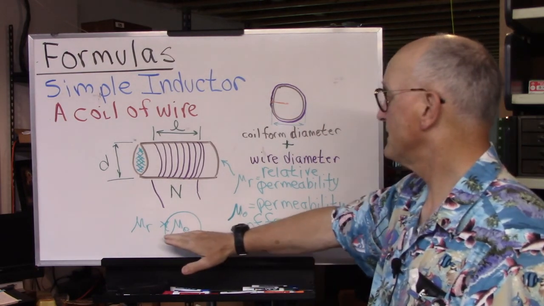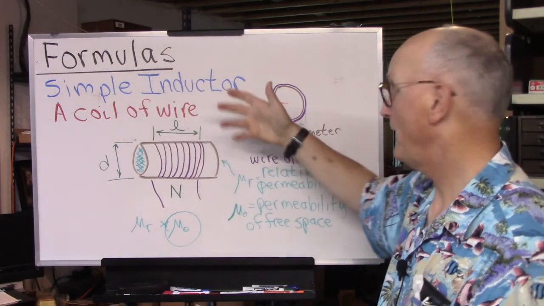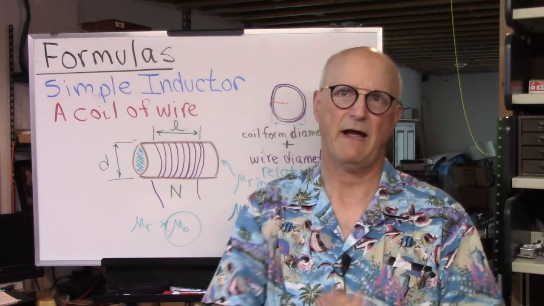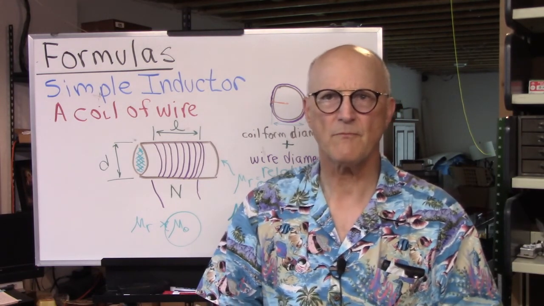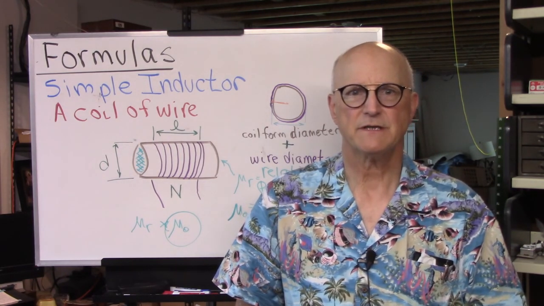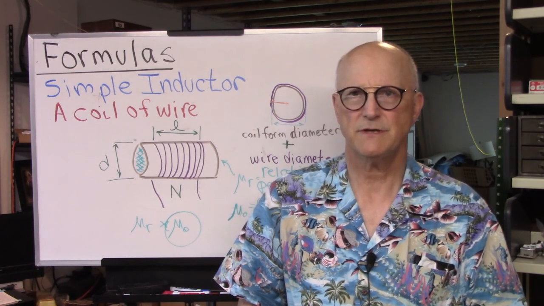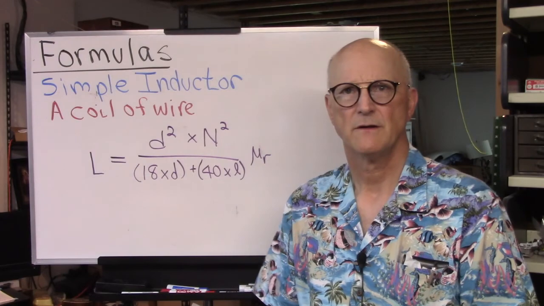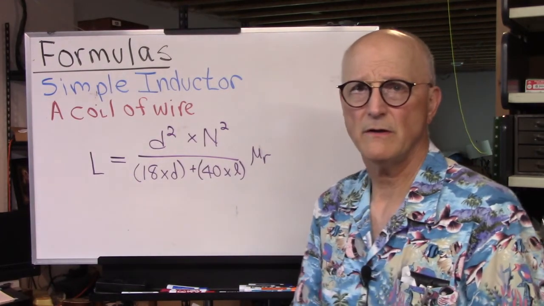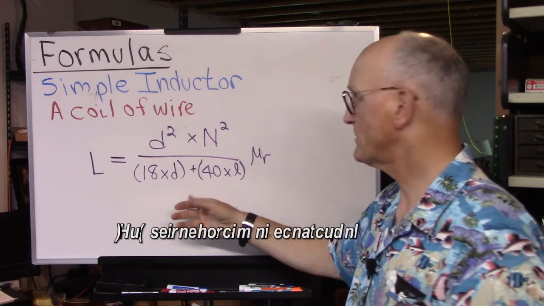So a lot of times this will be boiled into the equation that you end up with, and sometimes they have it outboard of the equation. So with that, here's the formula for a single layer inductor with everything in inches, and I've baked mu zero into the equation. So we can calculate the inductance of a coil, a simple coil of wire, using this equation.